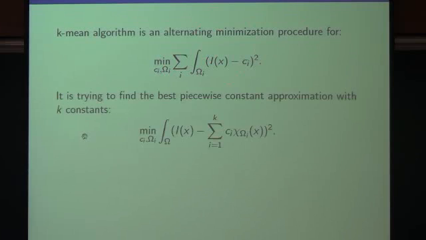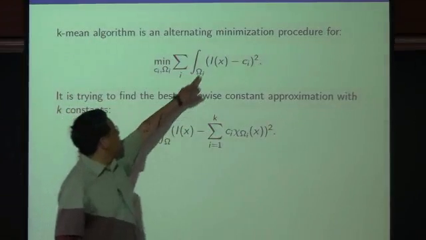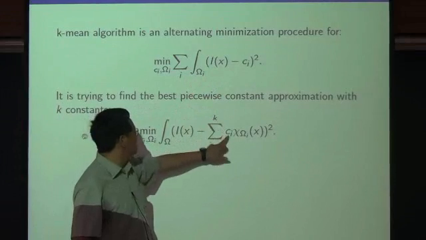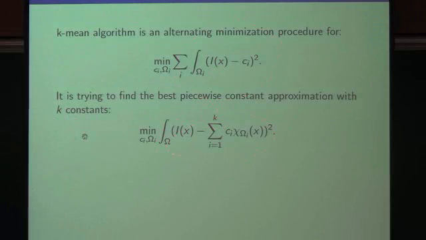But one thing we didn't talk about is what k-means in fact is. You see this one exactly equals this one, if Ci and omega i are given. Did you see it? Essentially here I wrote the whole omega i, but here is the input image, here is the image minus Ci in omega i, summed over i from 1 to k, times the characteristic function of omega i. So this is exactly equal to this one.